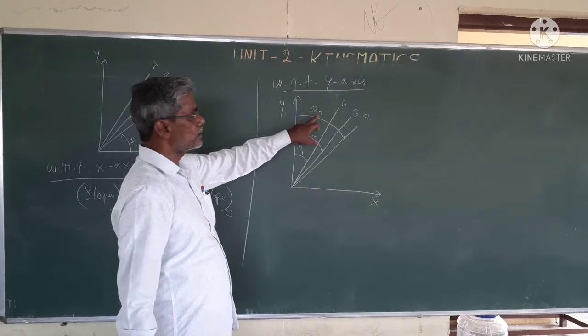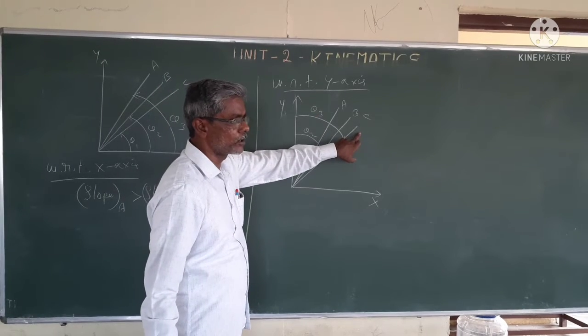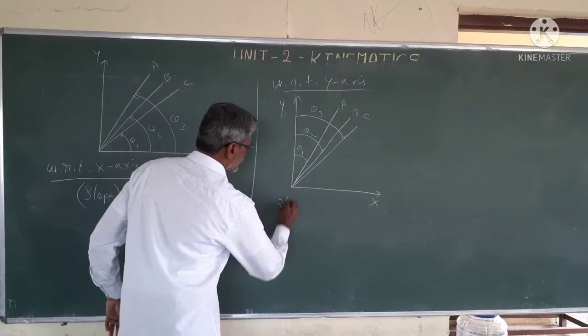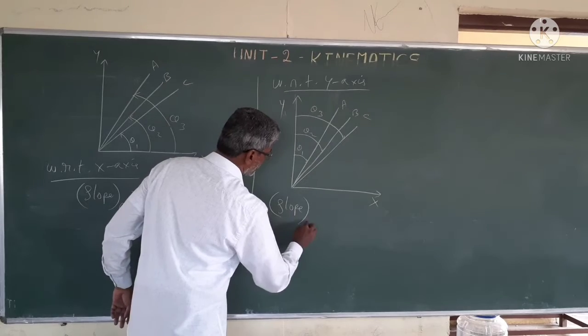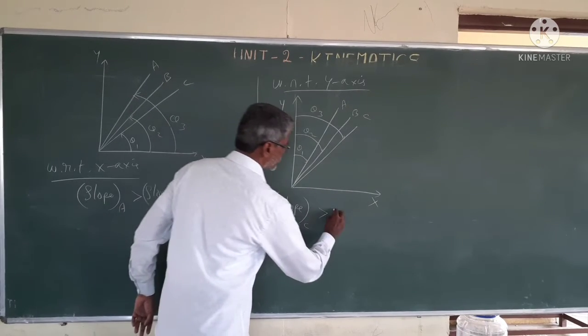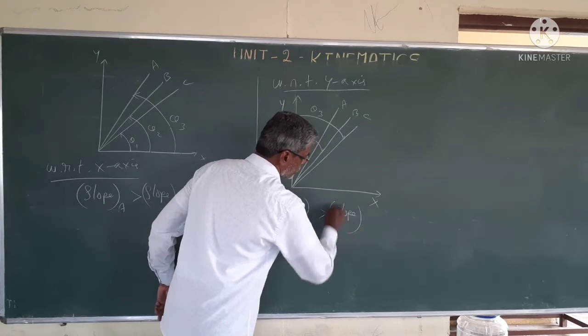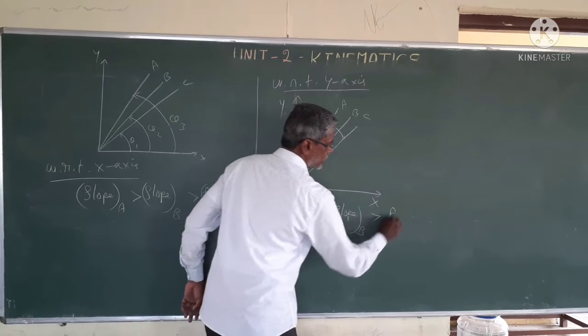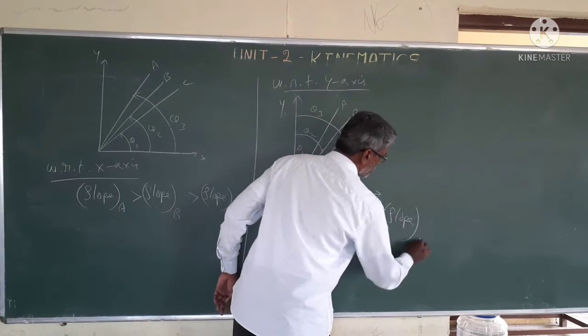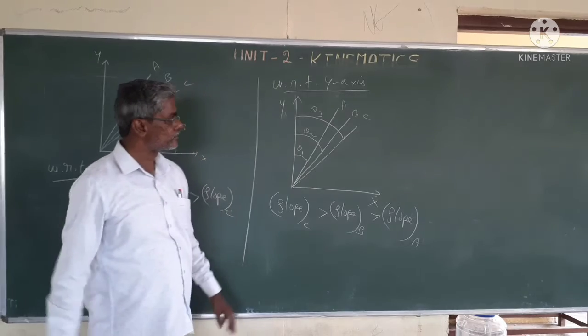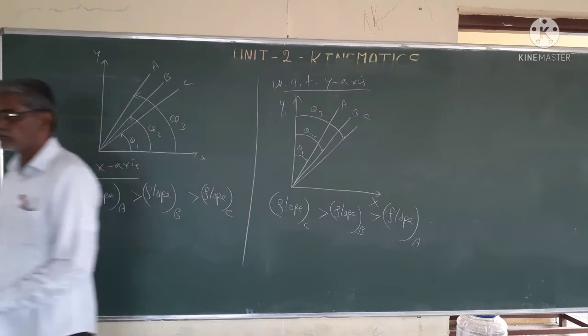Now which angle is greater? Theta 3 is greater, along with C. So I can write slope of C is greater than slope of B, which is greater than slope of A. Understood? Thank you.